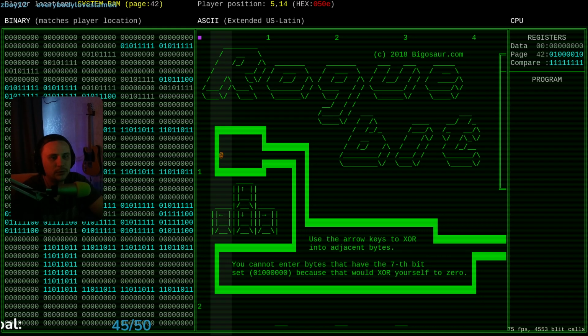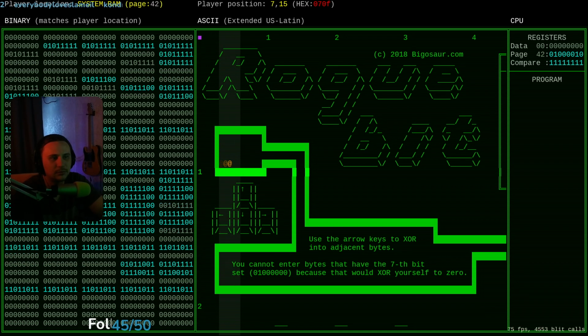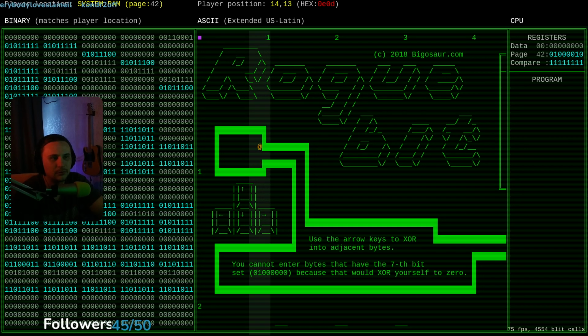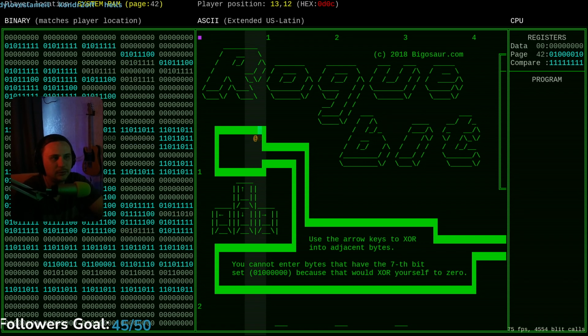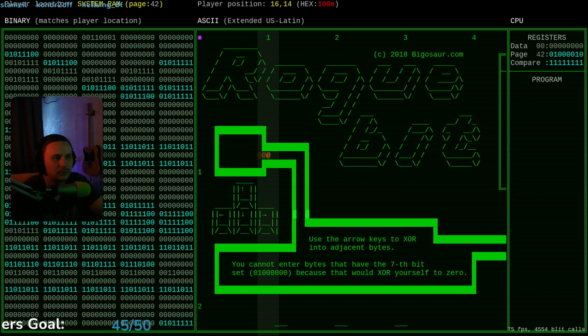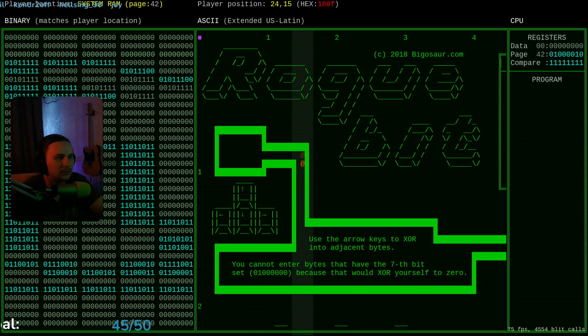So I see the visualization on the left side. Use the arrow keys to XOR into adjacent bytes.